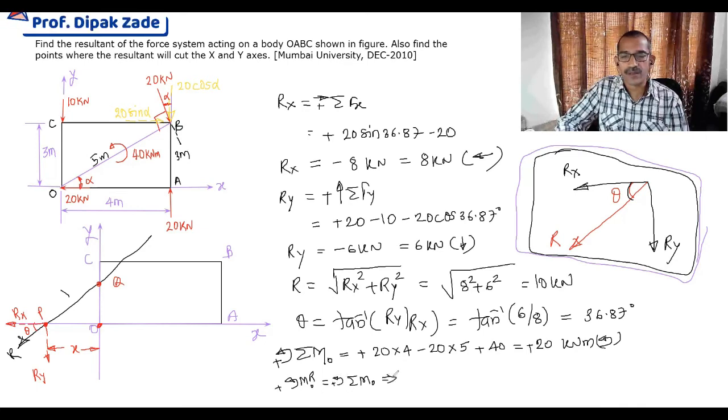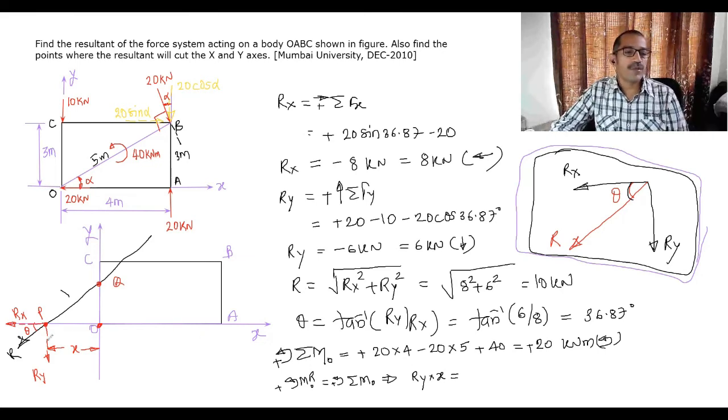One step and we get the answer. What is the moment of resultant? It is Ry into X.